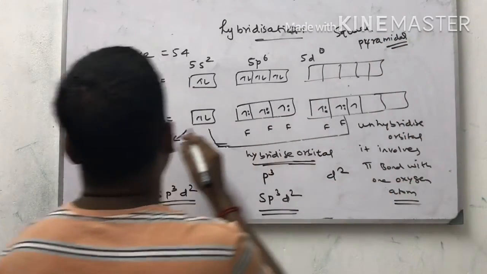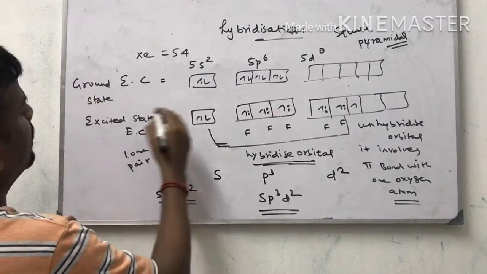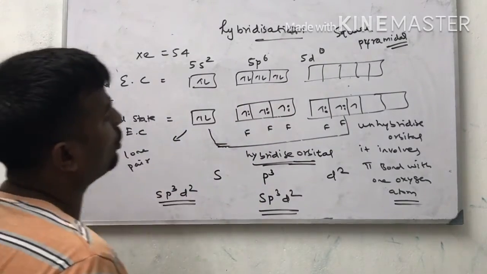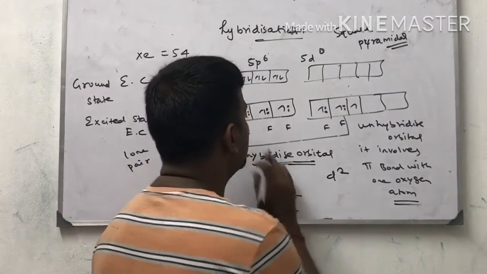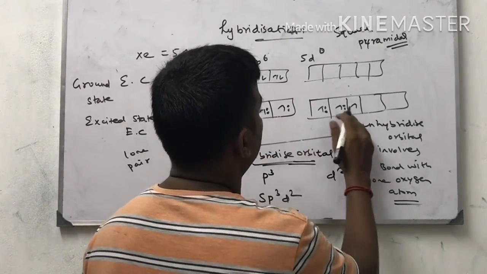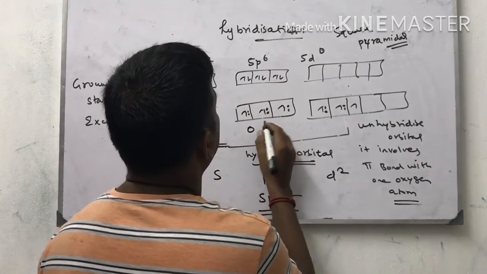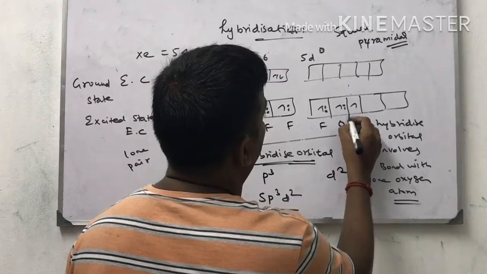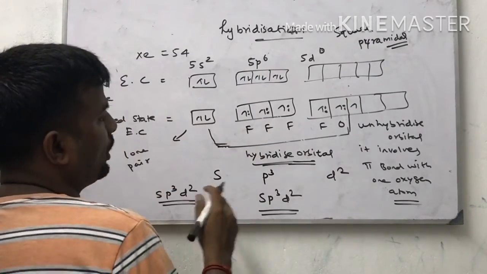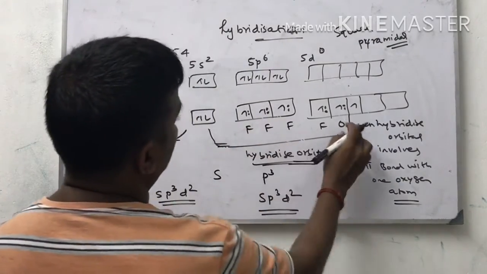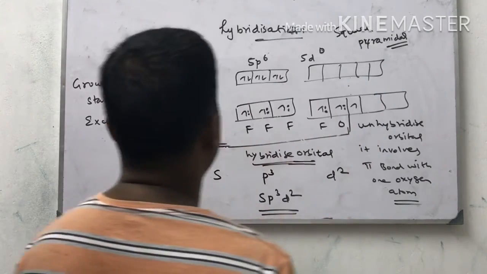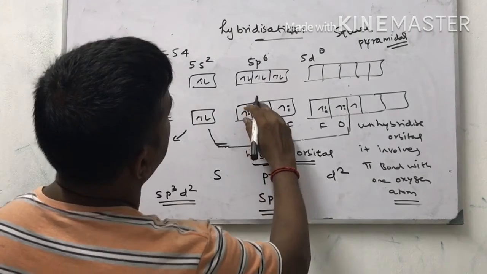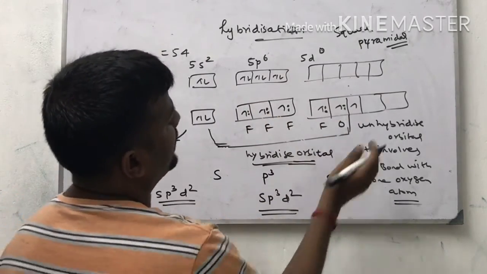With this, I will tell you the ground state electronic configuration 5s2, 5p6, 5d0. In the excited state, due to the hindrance of 4 fluorine atoms and 1 oxygen atom, 3 electrons are shifted from the 5p orbitals to 5d orbitals.